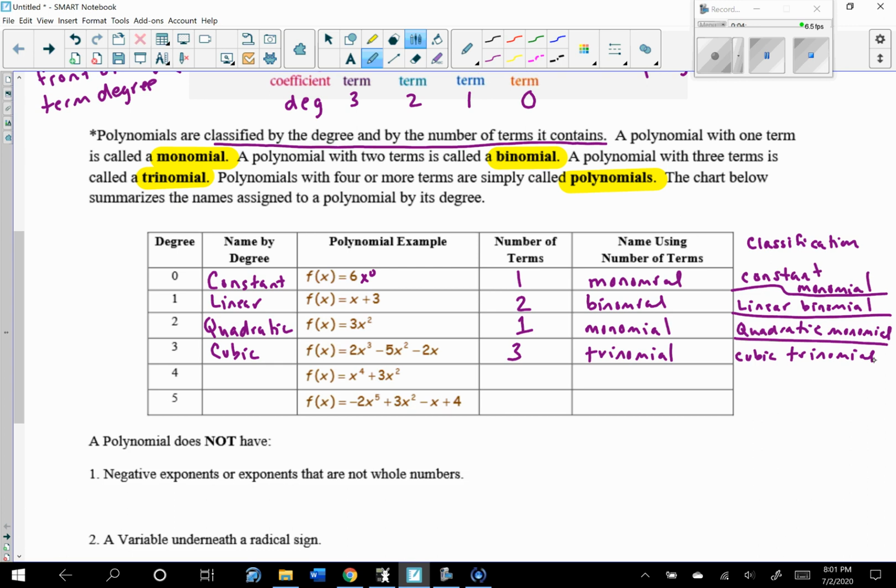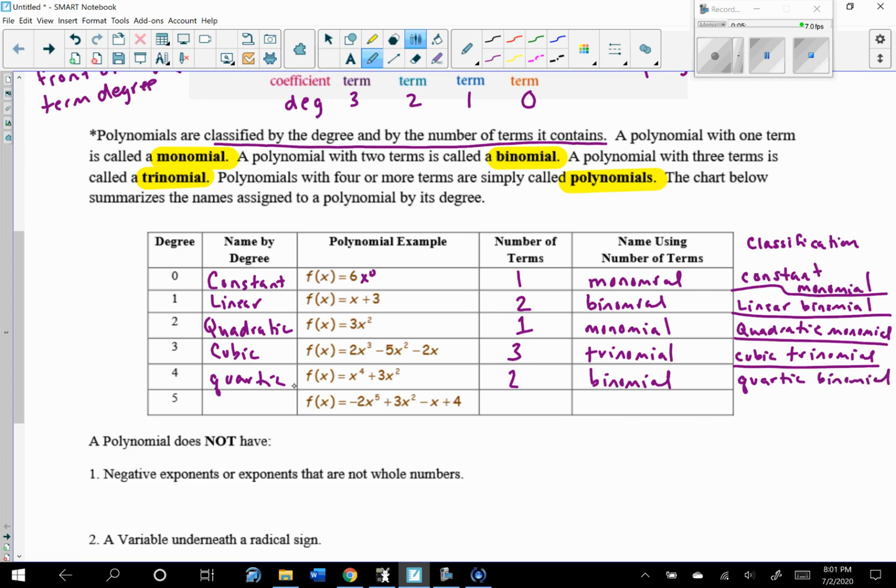For the next one, we have degree 4, which is quartic. And so for this one, there's two terms, so binomial. So this is a quartic binomial.